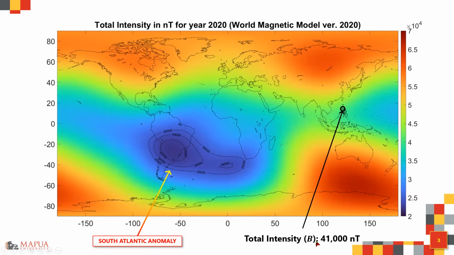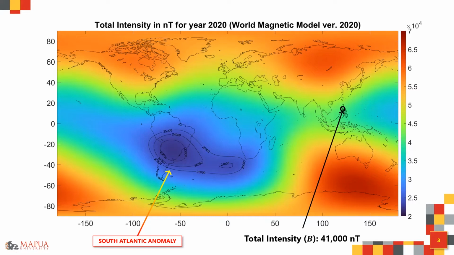So the total intensity around our area right now, based on this model, is about 41,000 nanotesla, or 41 microtesla. This is way larger than the magnetic field carried by the solar wind.